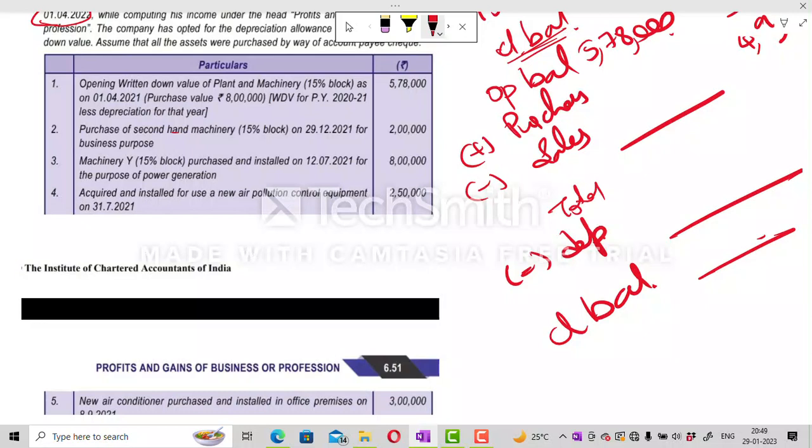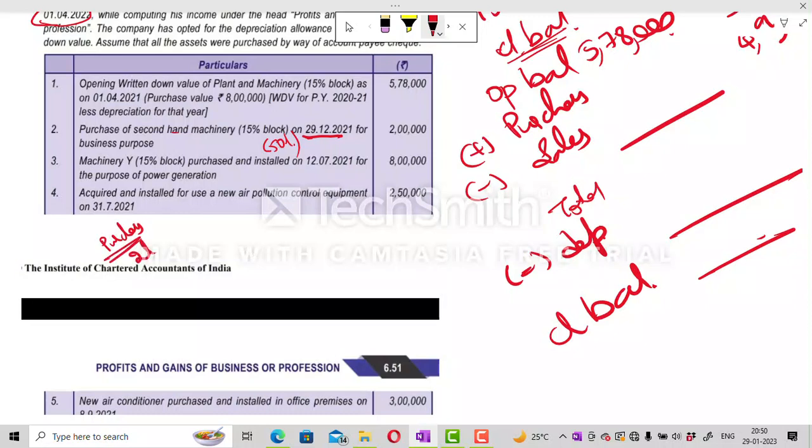Purchase second hand machinery 15% on 29/12/21 for business purpose. See, they have purchased on 29/12/21 means only they have used it for less than 180 days means only 50% rate of depreciation, 2 lakhs, but we have to include that in purchases. See, we will write here purchases 2 lakhs.